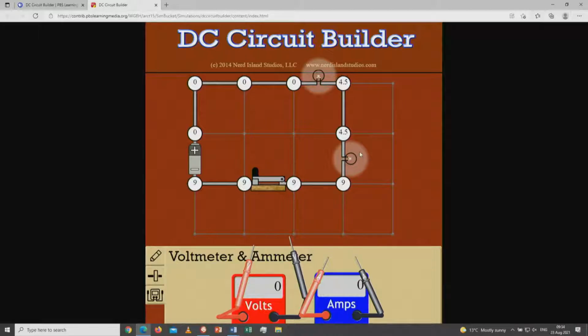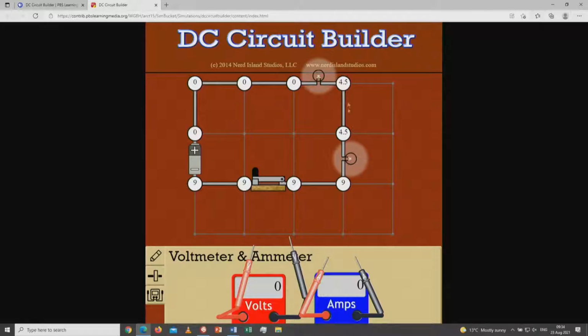The bulb makes use of some of the energy, and when the charges go past the bulb, you have a potential of 4.5 volts. So the potential difference will be the difference in the potential between the 2 points across the bulb. So that will be 9 volts minus 4.5 volts, which gives you 4.5 volts.